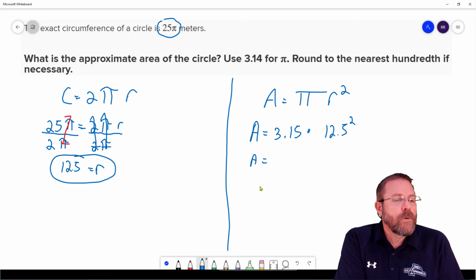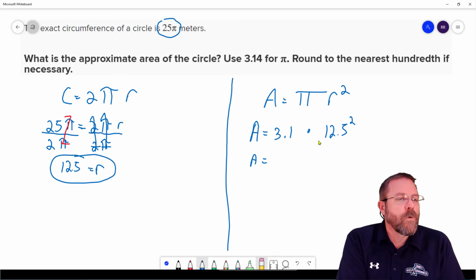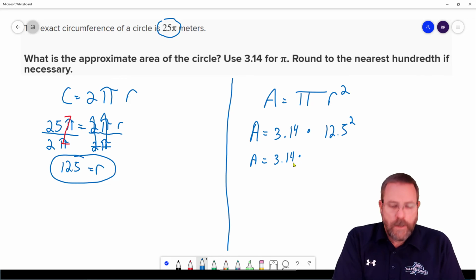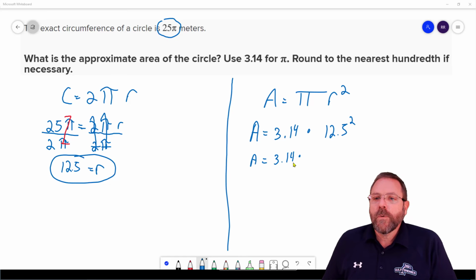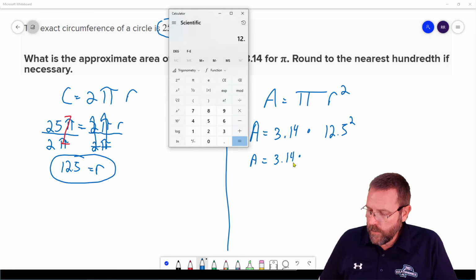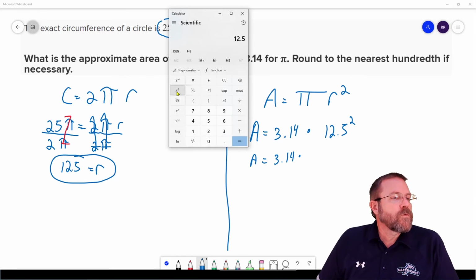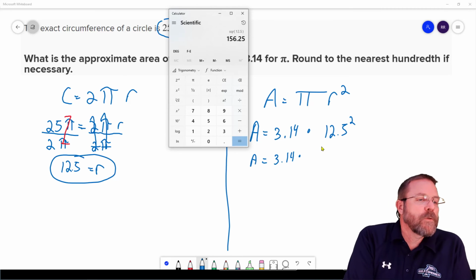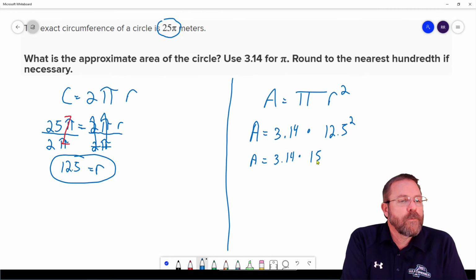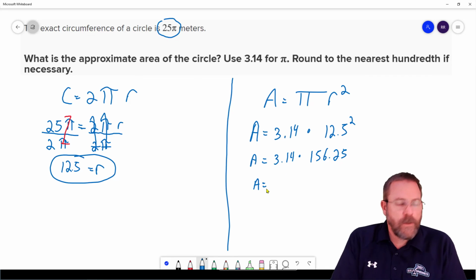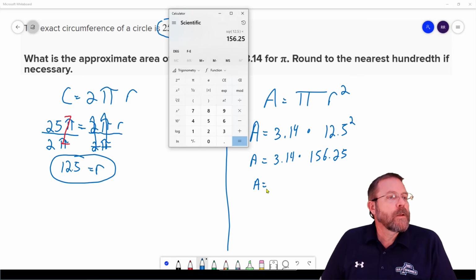I'm going to rewrite this now as 3.14 times 12.5 squared, and we're going to square it, and that's going to be 156.25. I'm going to multiply that value times 3.14.